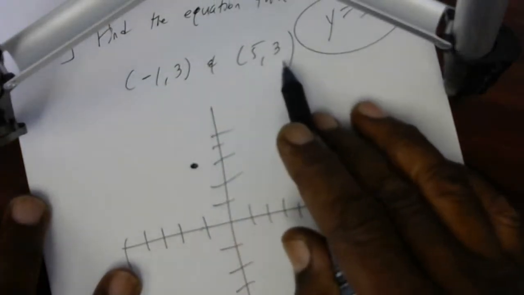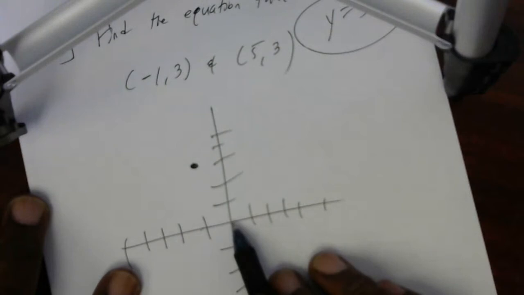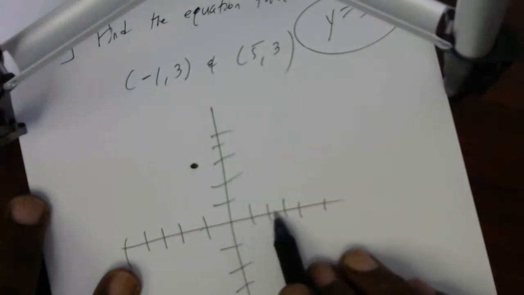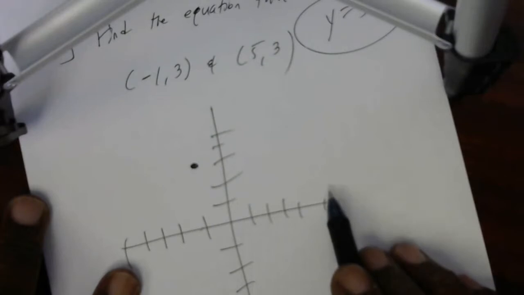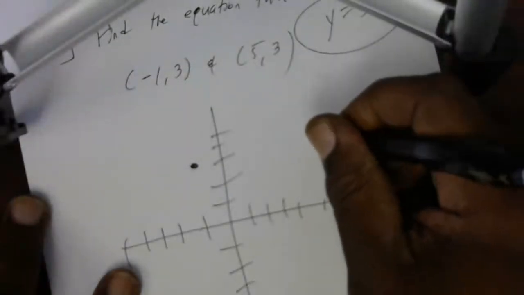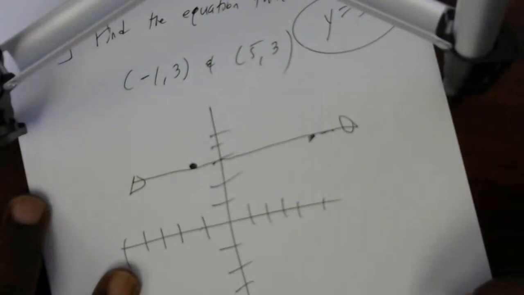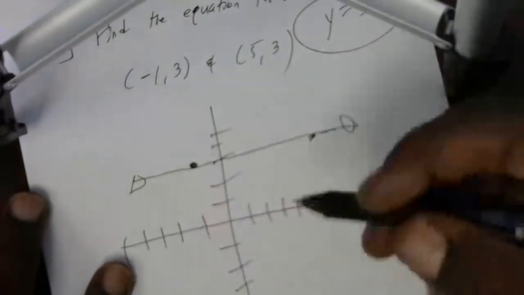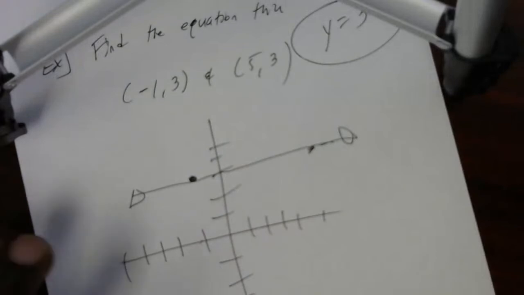I'm going to plot this point 5, comma 3. So I'm at the origin. X is 5. I'm going to move 5 places to the right, 1, 2, 3, 4, 5. I'm going to go up 3. And we have that horizontal line. So just like any other example, if you were to graph x equal to a number, it would graph a vertical line.